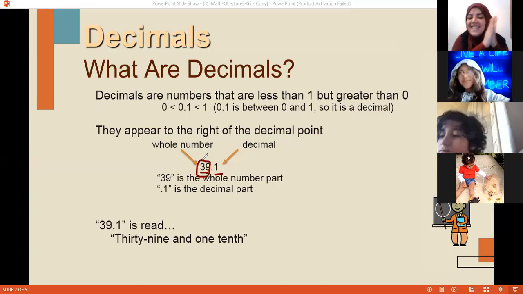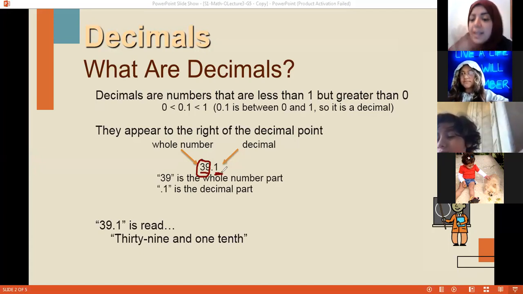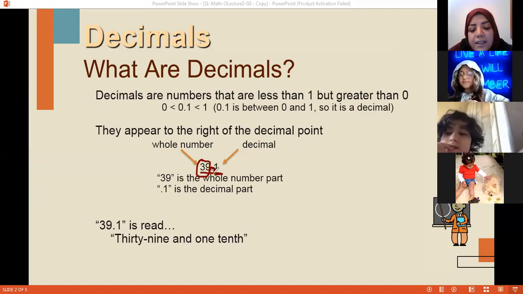So 39 expresses the whole thing, while 0.1 expresses the decimal part, the small amount, okay? And they are separated by a point. What do we call this point? Decimal point. Okay?